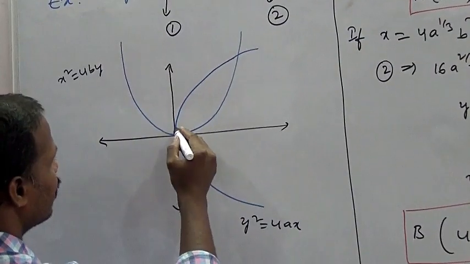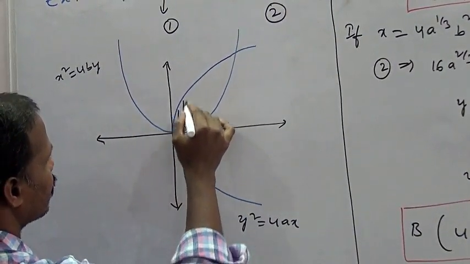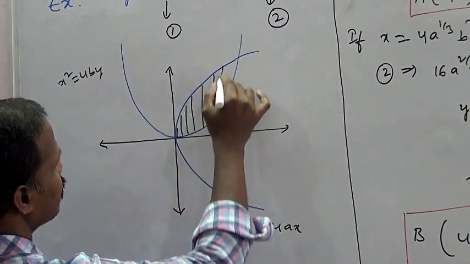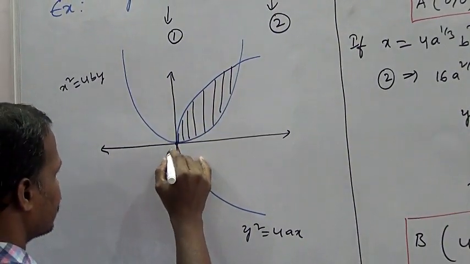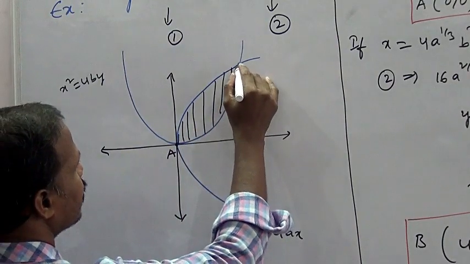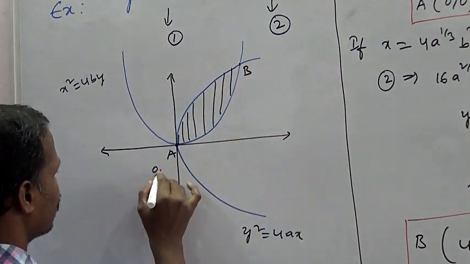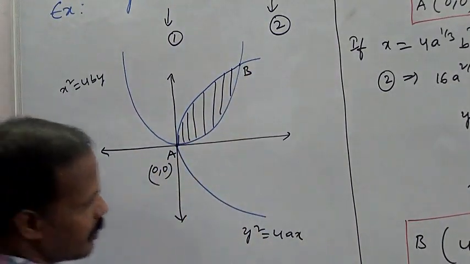Now we have to find the area between the curves. You have to find the area of this region. Consider this point as A and this point as B. So this is 0 comma 0, and what is B?